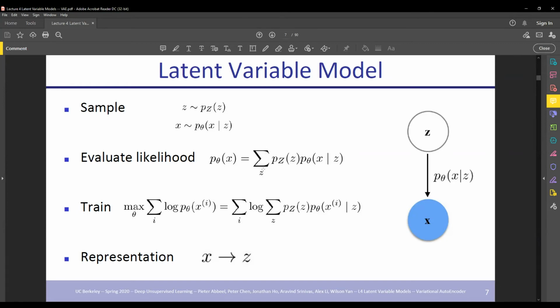That is, for every Z, you have PZ of Z, the probability distribution, and then you multiply it by the value, which is P theta of X given Z. So that's your likelihood. And then how do you train? You train it by maximizing the log likelihood. So you have the likelihood given here, the log of the likelihood, and here I is, if you consider X as an image, the index over which you calculate the log likelihood.